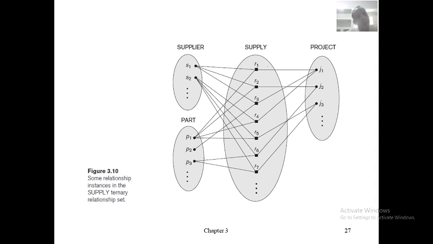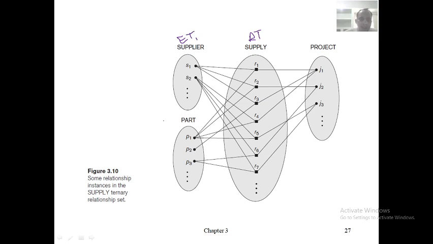Now, see here. This is the ternary relationship. Why ternary relationship? See, supply is a relationship type. Here supplier is an entity type, it is the first.